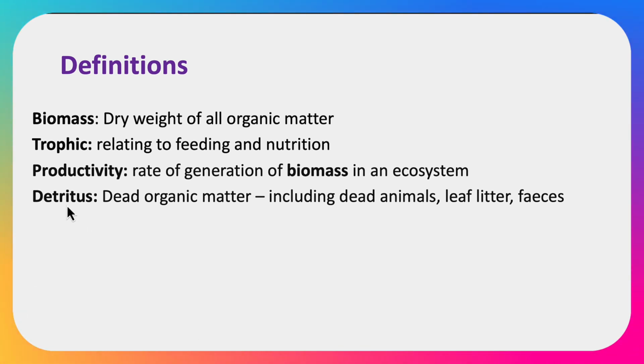And detritus is a word that's going to come up as well. Basically, that's dead organic matter, including dead animals, leaf litter, dead plant material, and feces. So this still contains that chemical energy because it hasn't been consumed.